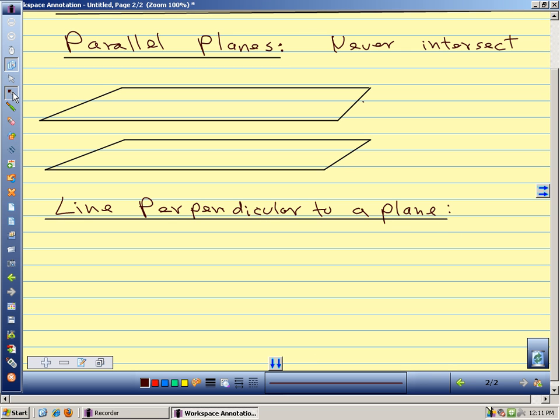What do you think would have to happen? They'd have to touch. So that's one thing. They have to intersect. And what's special about the intersection of things that are perpendicular? 90-degree angle.